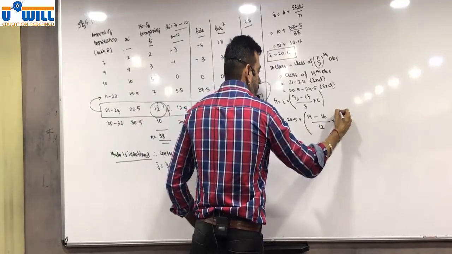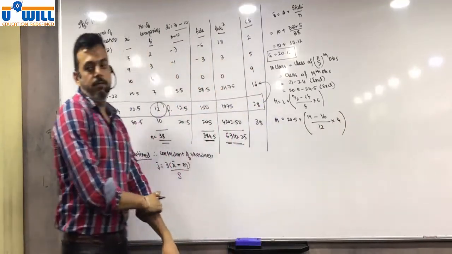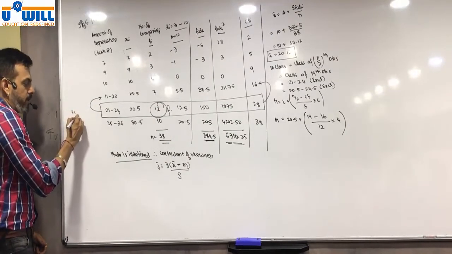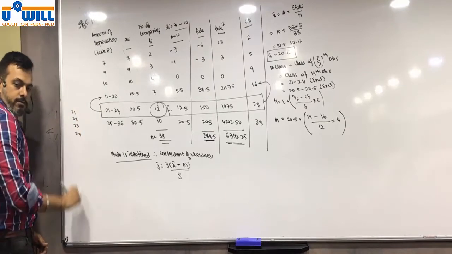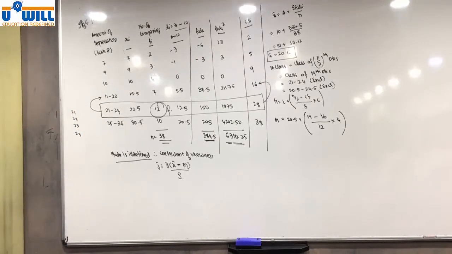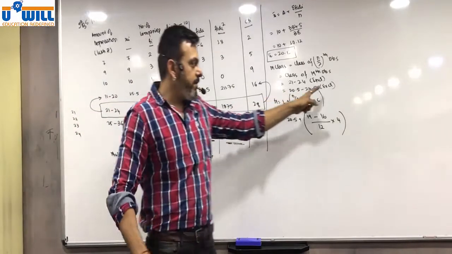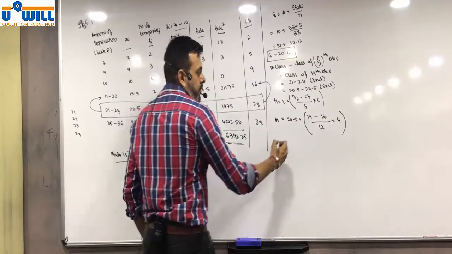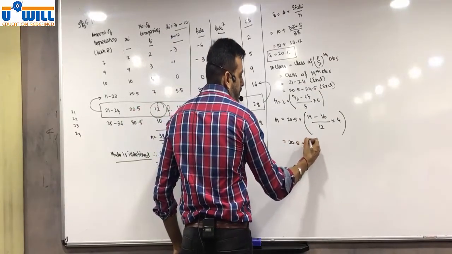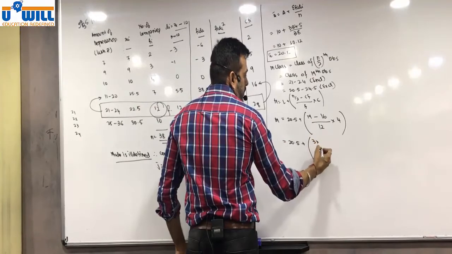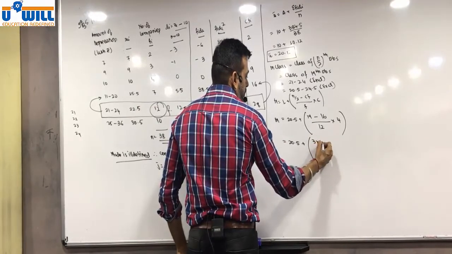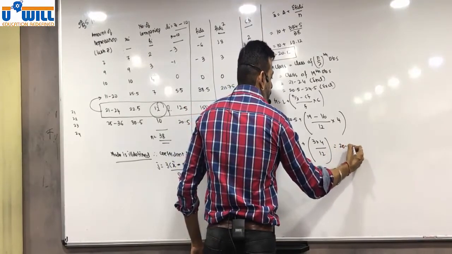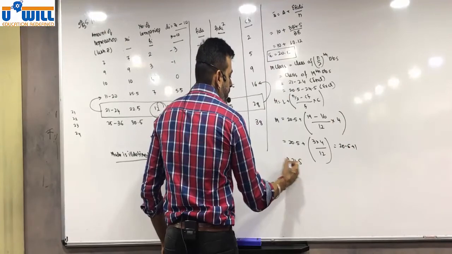Class length क्या है? 4. कैसे 5 होगा? 21 से 24, so 21, 22, 23 and 24. Now we have made it exclusive, 20.5 to 24.5, so it is 4, which is equal to 20.5 plus 3 by 3. 20.5 plus 1. 21.5 median.